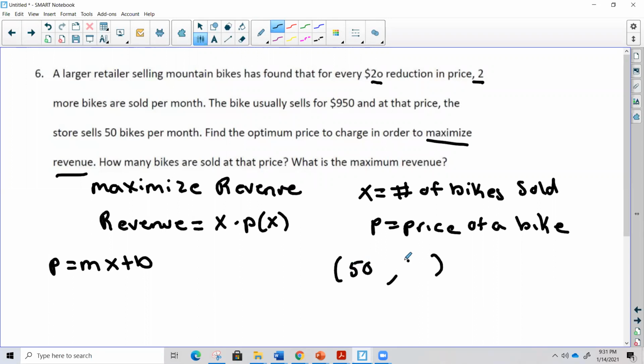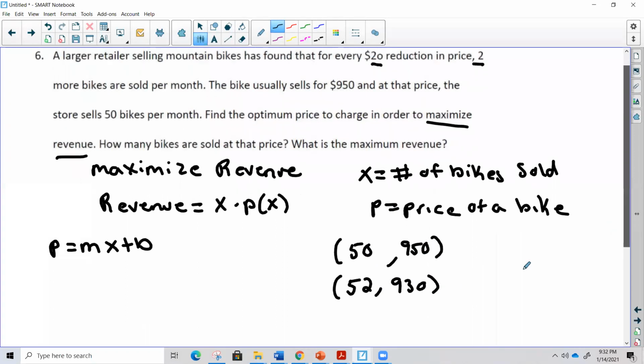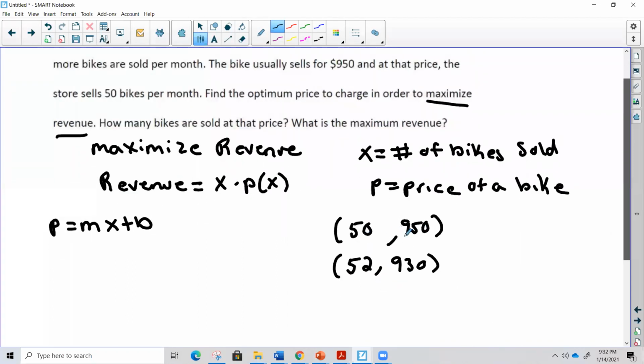And my Y value is the price. So they also told me that for every $20 reduction in price, 2 more bikes are sold. So I'm going to add 2 to 50 because 2 more bikes would be sold. So it'd be 52. And I would subtract 20 from my price. So I would get 930. And that would give me my new point for my X and my Y, or X and P in this case.